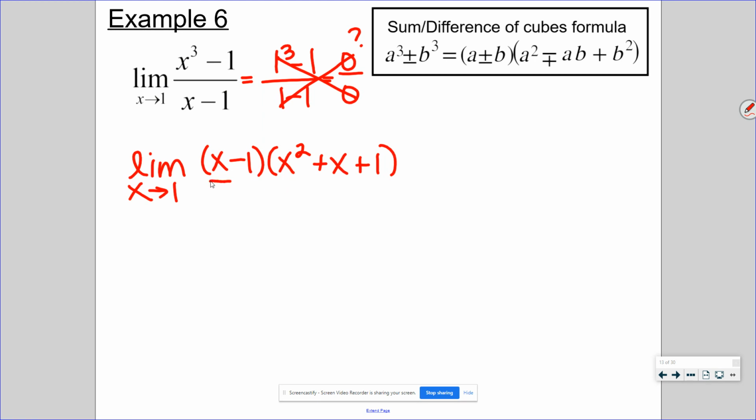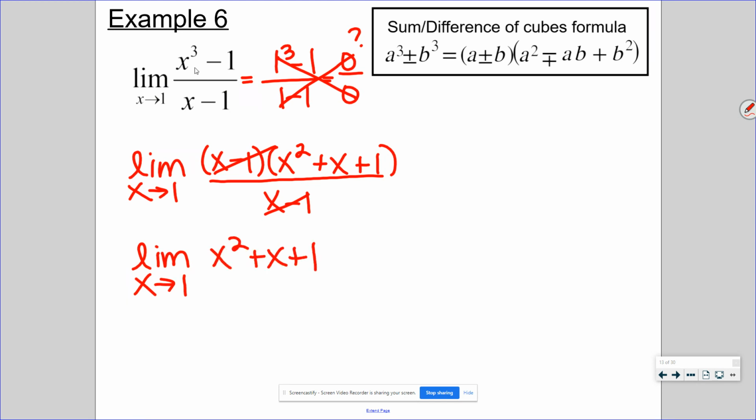But this is how the top would factor. And I notice that once I factor the top out, it will cancel with the denominator. So algebraically, I can take the limit of the simplified thing, and it'll be the same as the limit of the complicated thing. And I have a graph on the next slide to show you why. So this thing is a lot simpler to deal with.